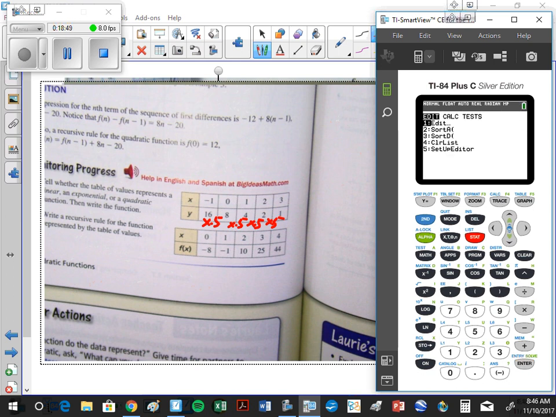And Stat, Calc, which one should I choose? You can't actually see it. You've got to go down, or I'm actually going to go up. It's faster. It's number 0. And then calculate.